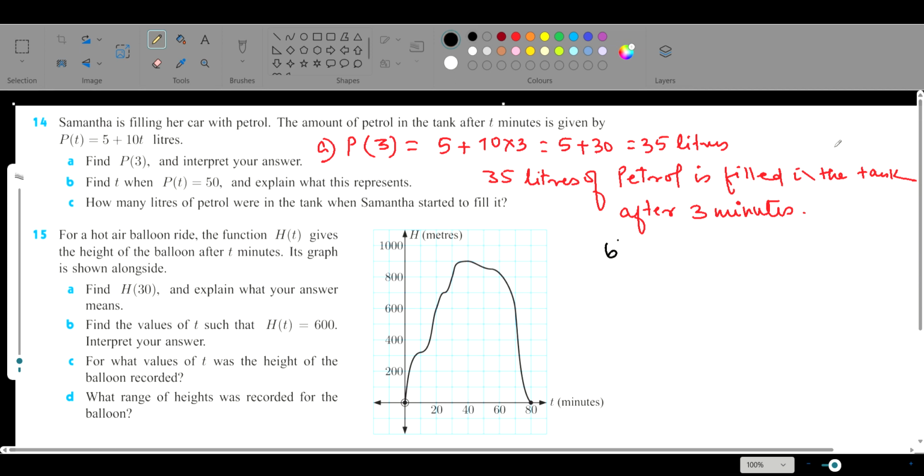This is the interpretation. Are you getting this?